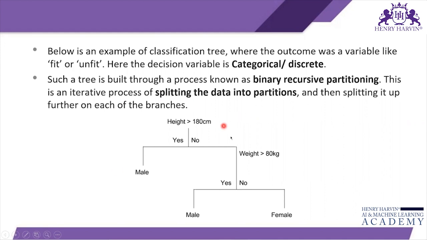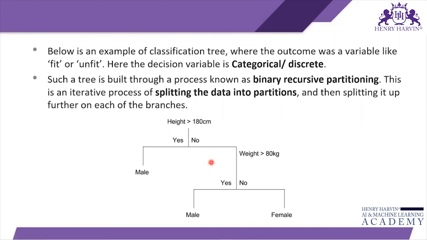So basically, here we make a classification tree where we specify that the variable is like fit or unfit, male or female, on the basis of some features. This is a basic classification model which we make based on some data.